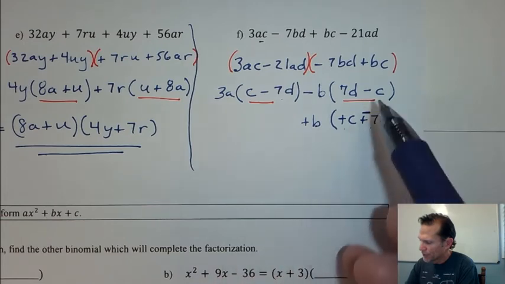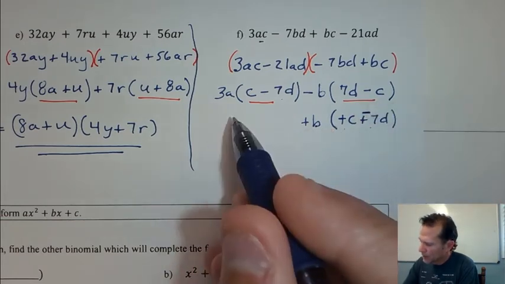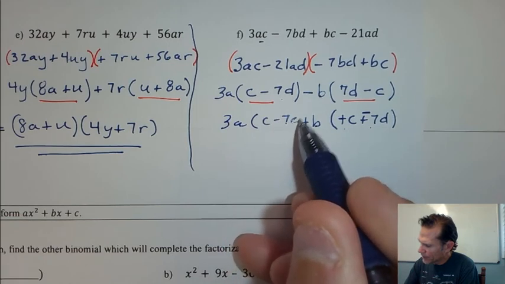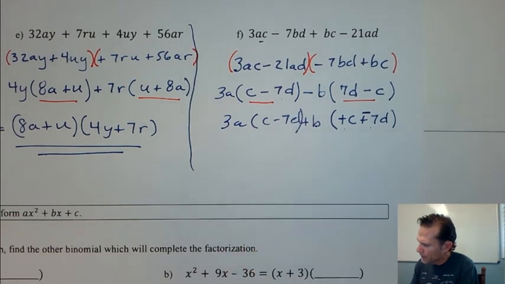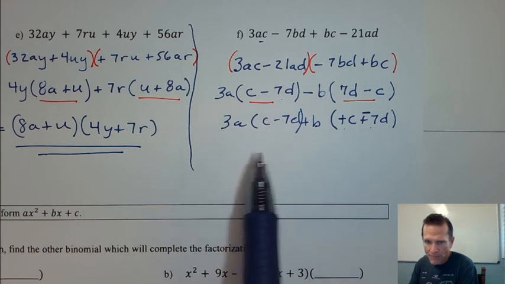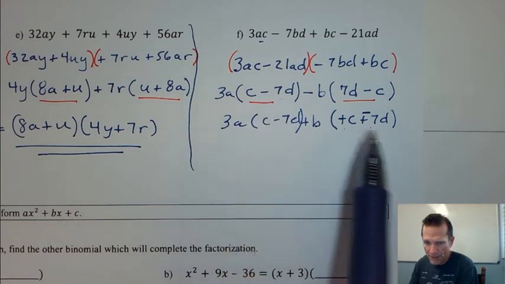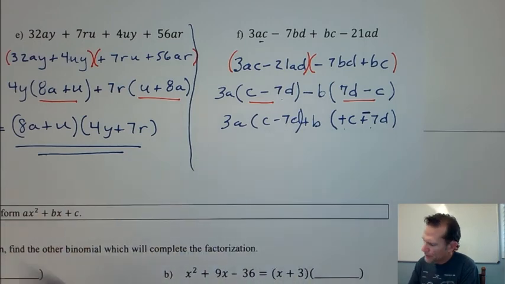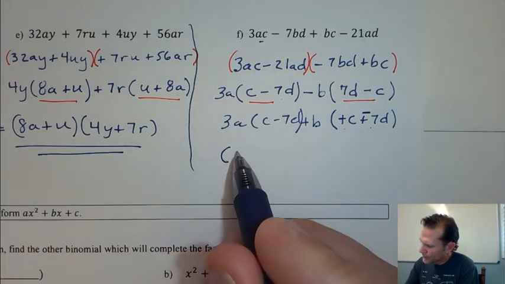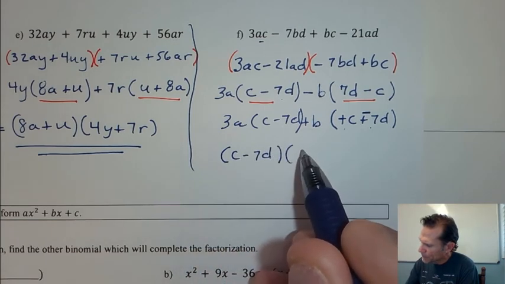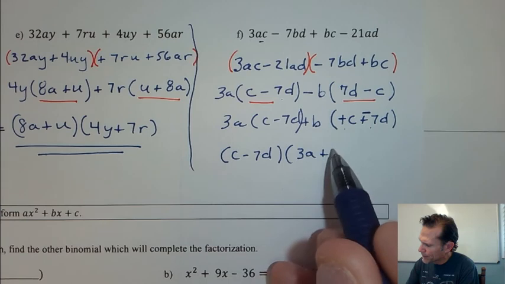But if you're that close, I would double check everything and rearrange again and play with it a little bit, because I just recopied this down. You want to make things work out to have a common binomial. Okay, so we can see the common binomial now. It's C minus 7D, and the leftovers are 3A plus B.